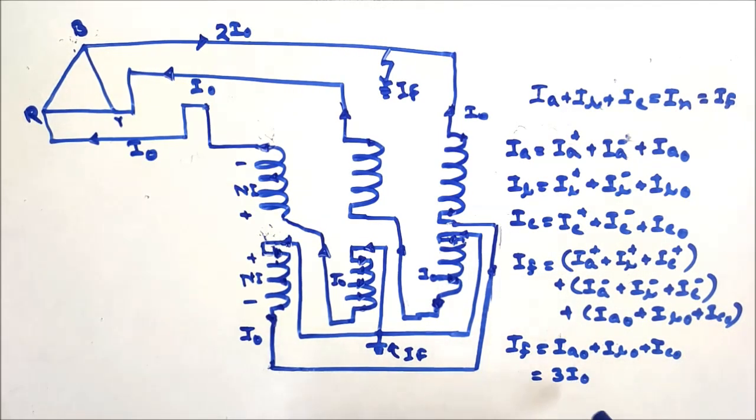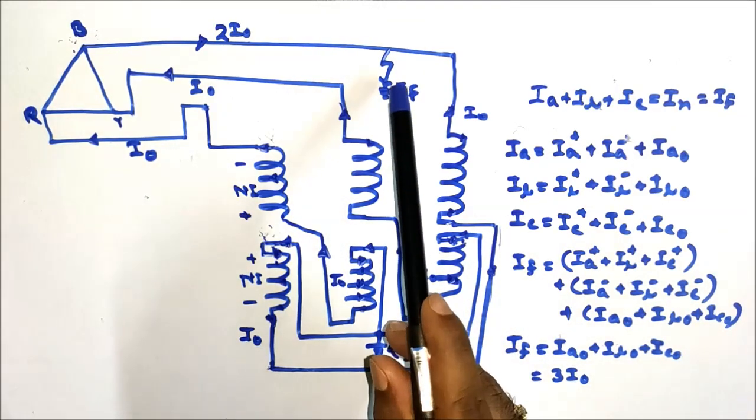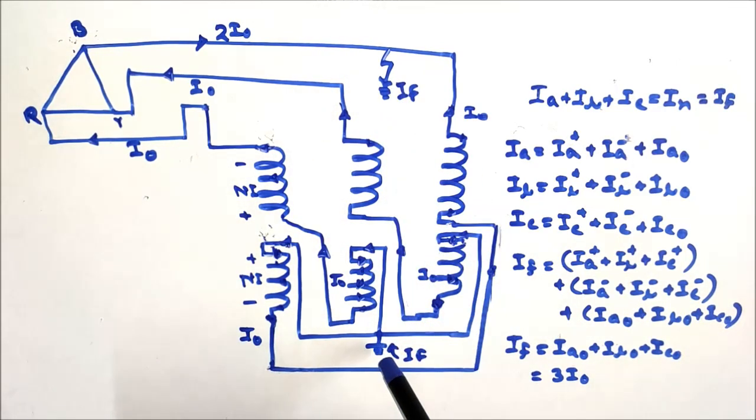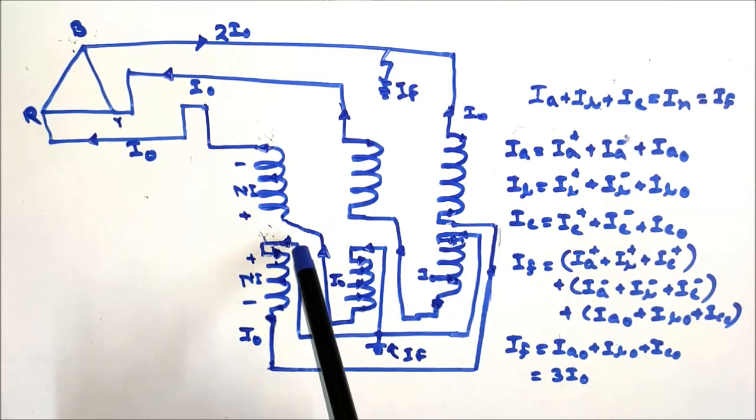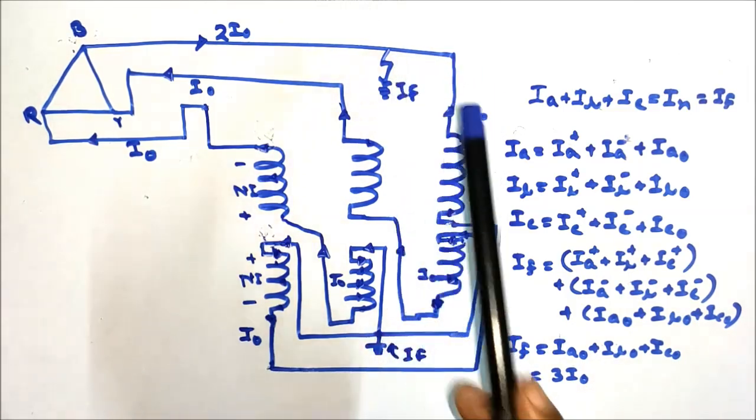And the zero sequence components of current are in phase and equal in magnitude. So this zero sequence current enters into the earth and it will flow to the neutral point of the zigzag transformer and divide in three equal paths. That is, I0 will flow in this path to the faulted point.